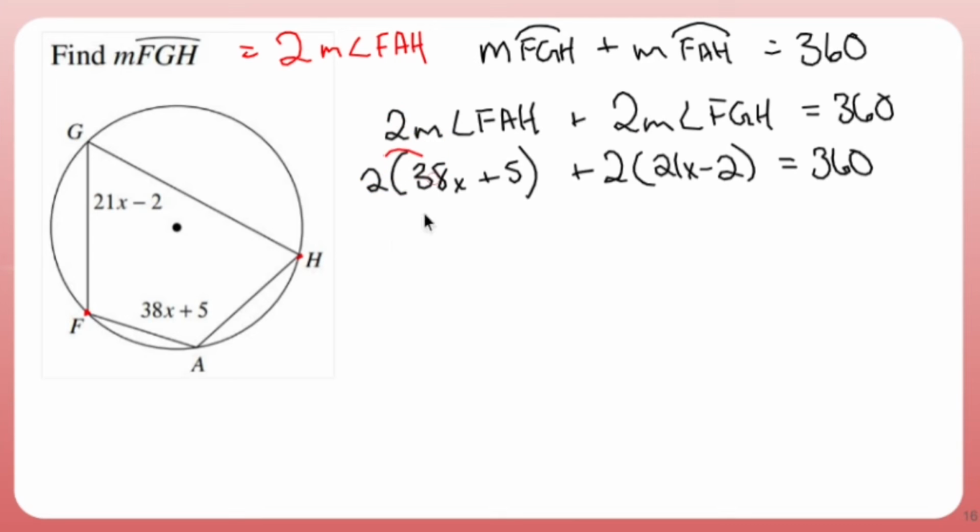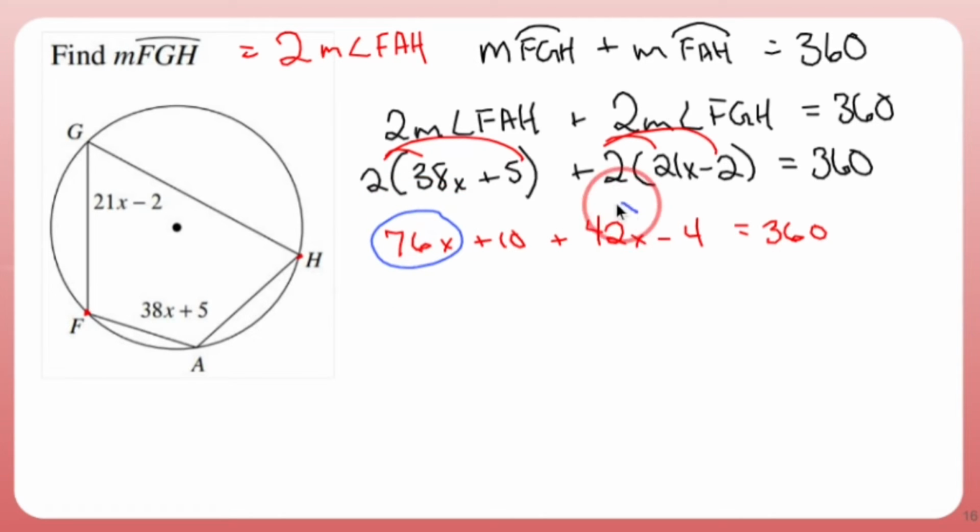All right, so distribute. That becomes 76x plus 10. Distribute again. That becomes 42x minus 4. And 360 is still 360. Let's combine like terms. 76x and 42x is 118x.